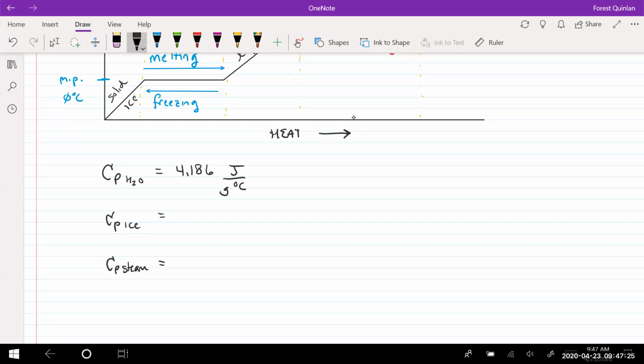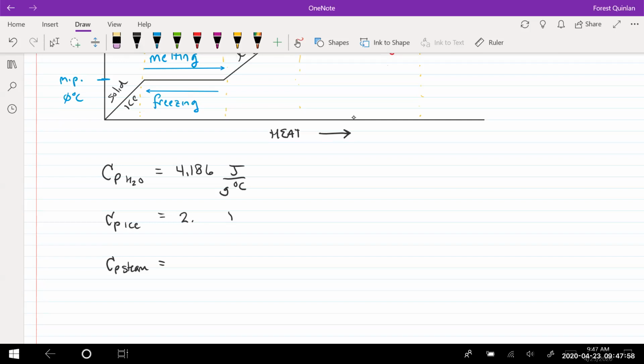So ice, it's saying 2.1 kilojoules per kilogram Kelvin. So that should be joules per gram. Yeah, 2.1.